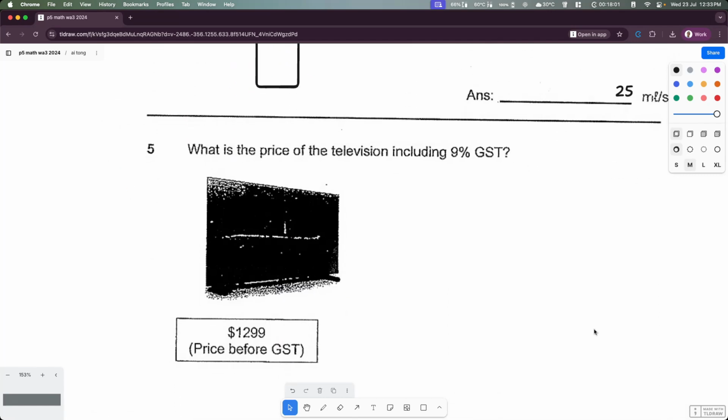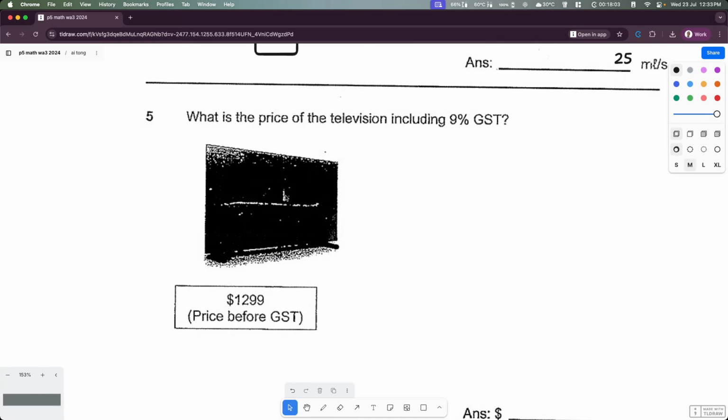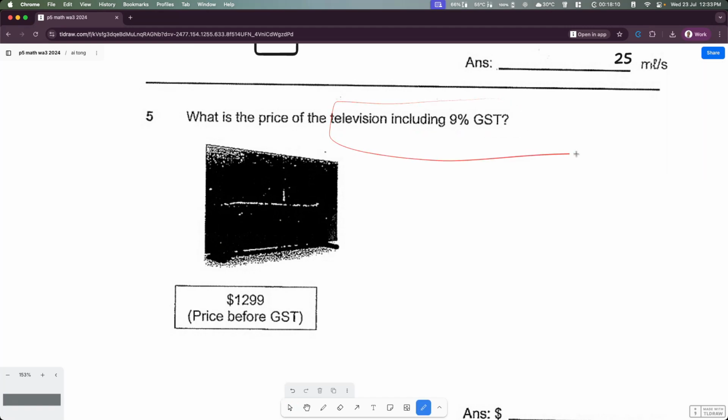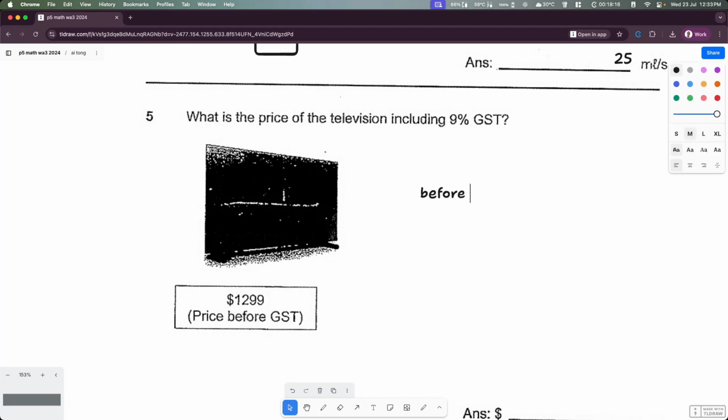So question 5. We have a television. What's the price of the television including 9% GST? So this price is before GST, right? So before 9% GST is equal to 1299.